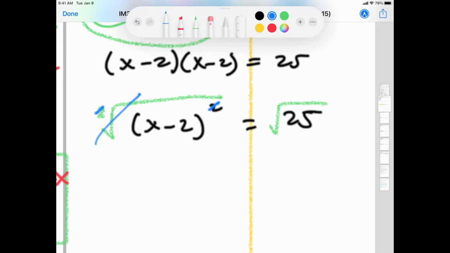You're going to be left with just, they call this the argument, x minus 2. And we talked about how now you're going to have a plus or minus here. And then the square root of 25 is 5.